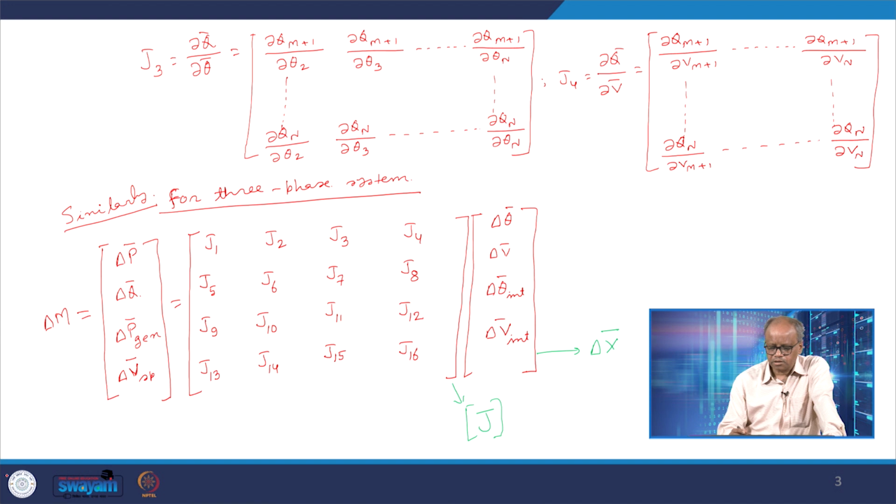To do that, let us again write it in a fresh page, because we have to write it in more detail, we will need more space.